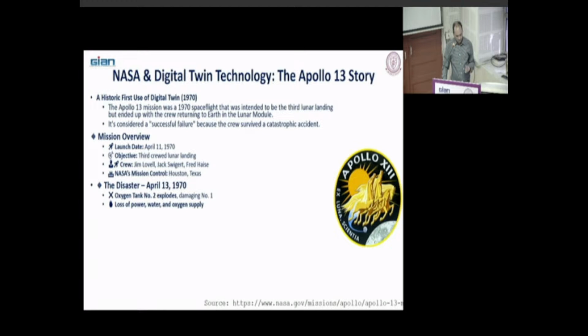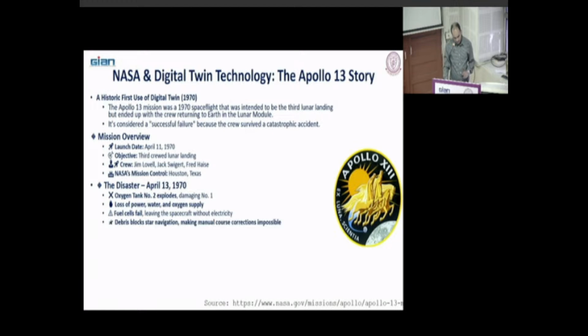They were traveling about 200,000 miles. Fuel cells fail, leaving the spacecraft without electricity. Imagine you are flying at 200,000 miles and you don't have power, water, or oxygen supply in your spacecraft. Now what can you do?